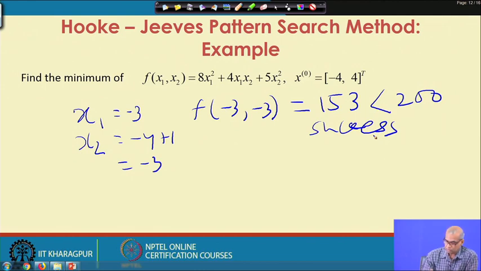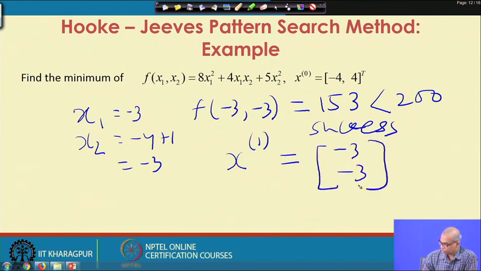So, after one iteration, from x 0 I go to x 1, where this point I get as -3, -3, and the value of the function is 153.